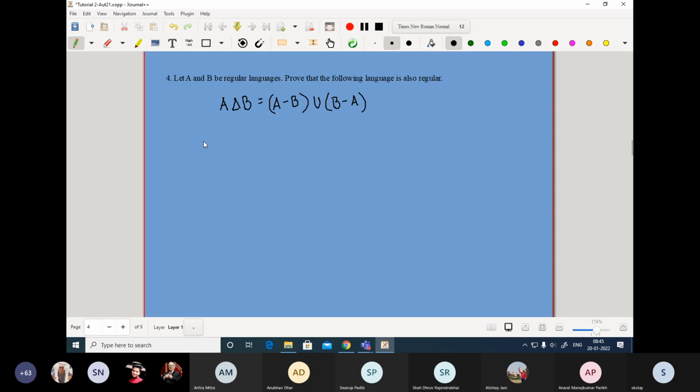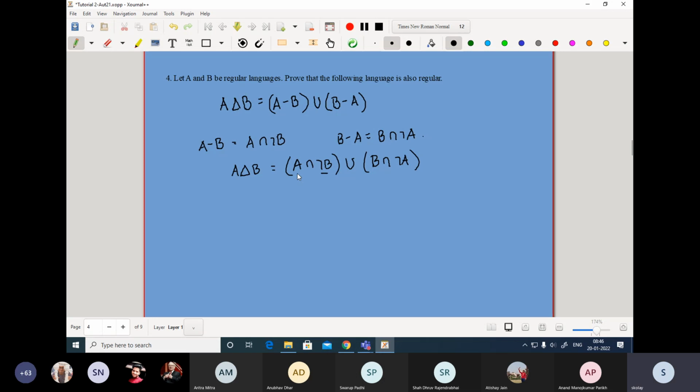We can write A minus B as A intersection not B. And similarly for B minus A. Now, does anybody have any doubts about why this will be regular? Does everybody understand that this will be regular? And all of A and not B, B and not A are regular.